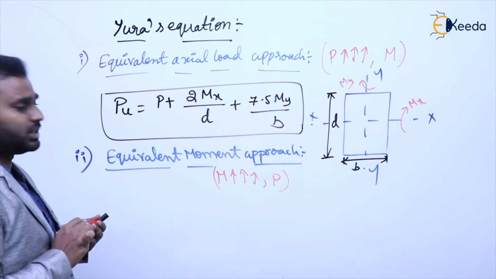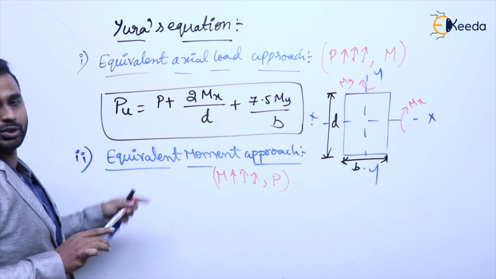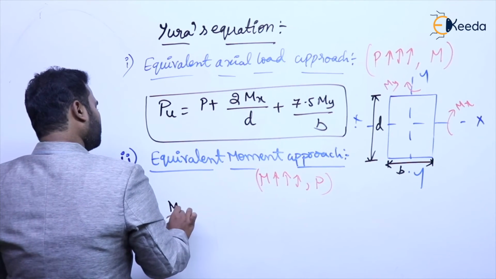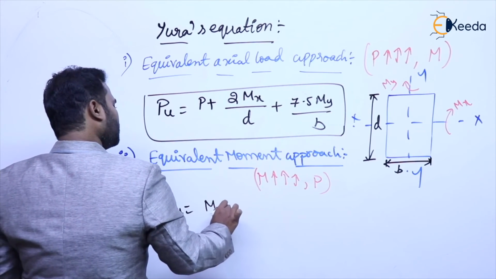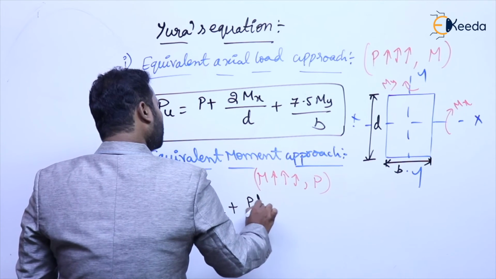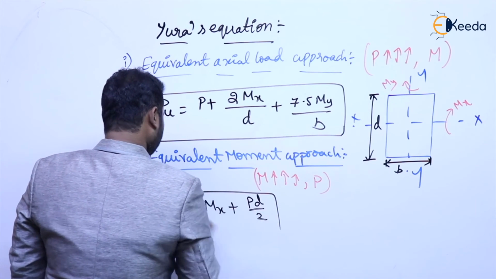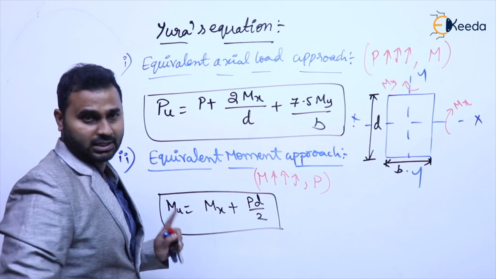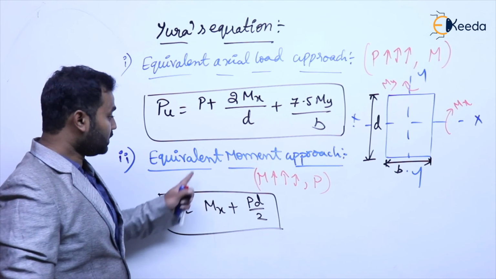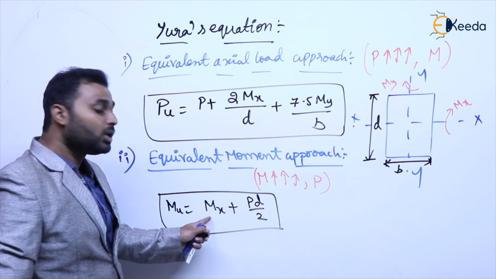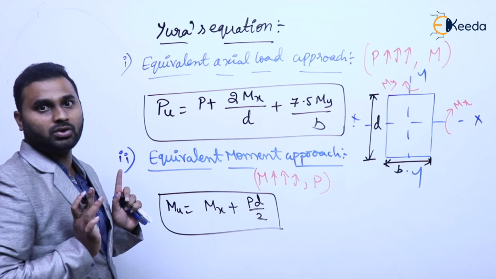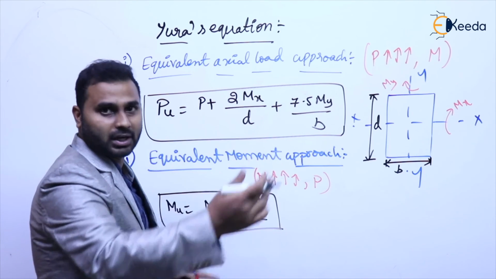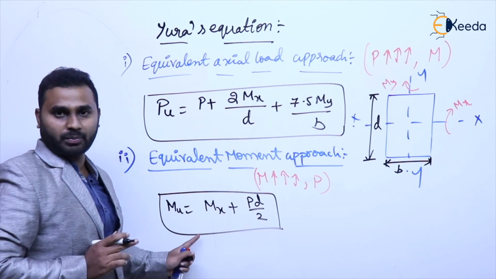The formula here is: the equivalent moment Mu is equal to Mx plus Pd by 2. Here we have considered only the uniaxial bending case. And here also we are converting the force into a moment with this equation.